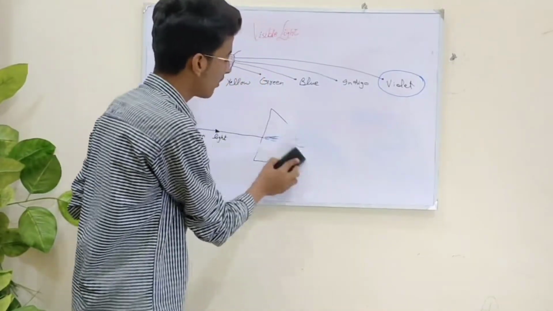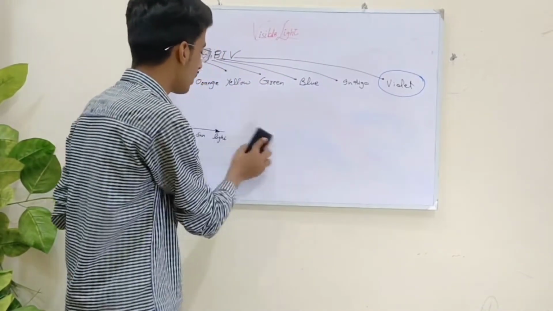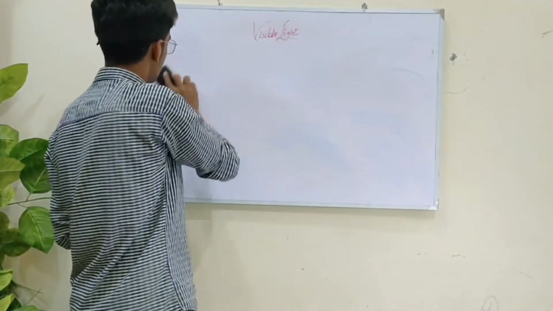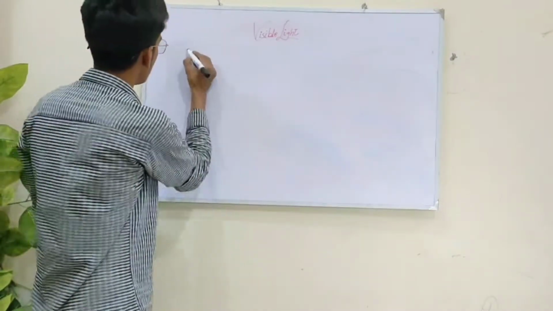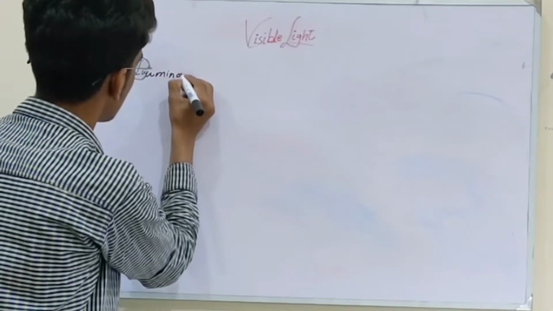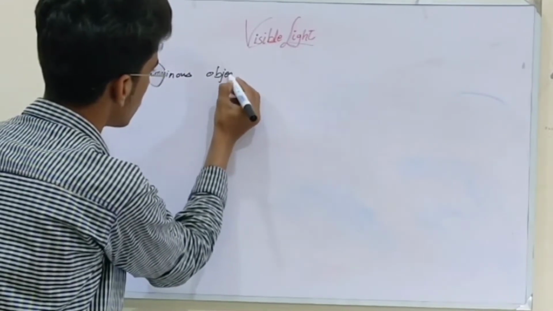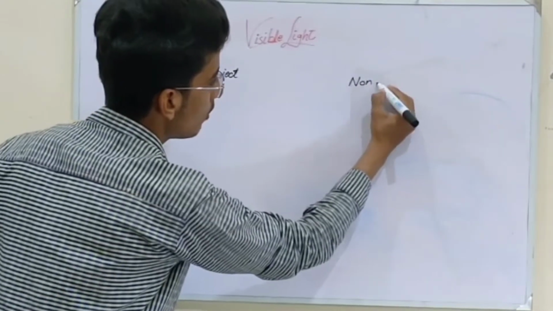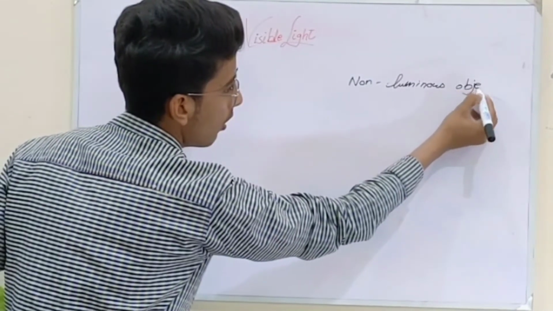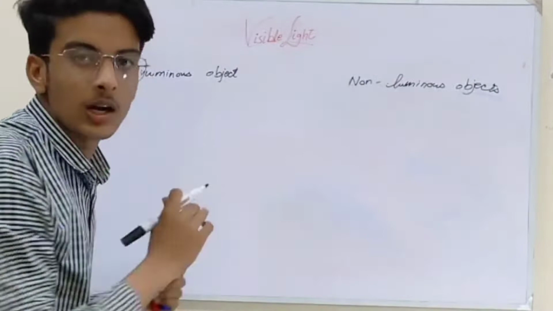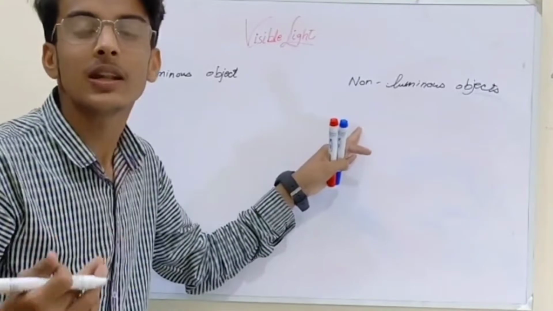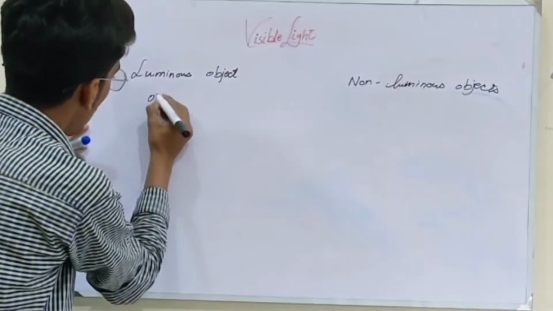Before we talk about refraction and reflection, we'll talk about luminous and non-luminous objects. Luminous objects are those through which light can pass, and non-luminous are those through which light cannot pass.